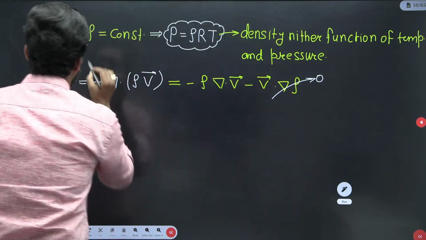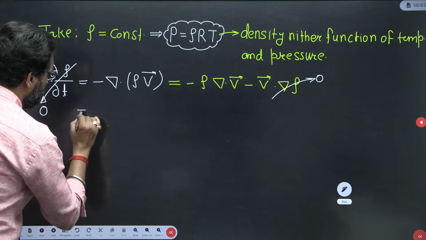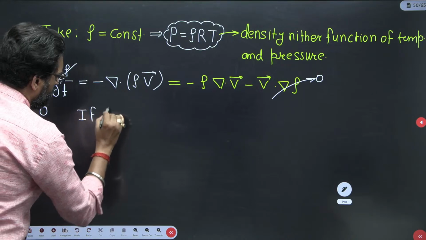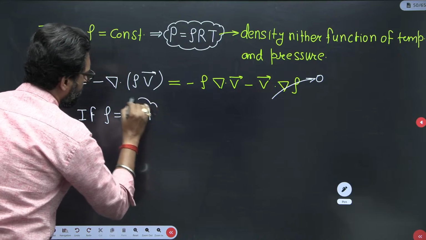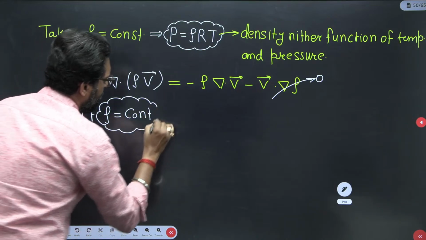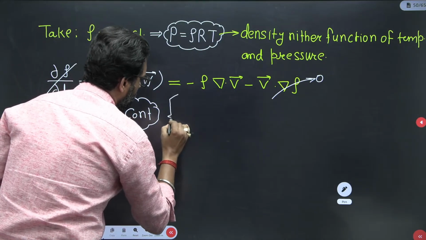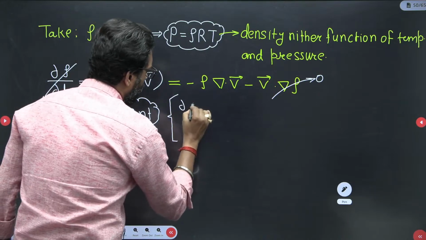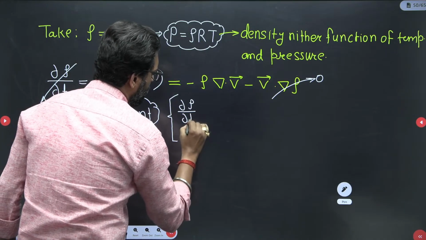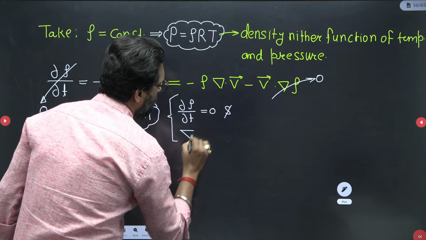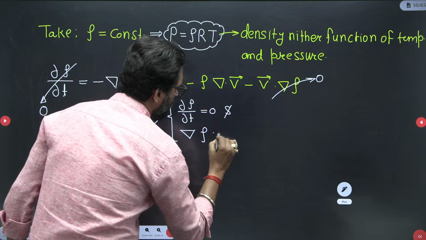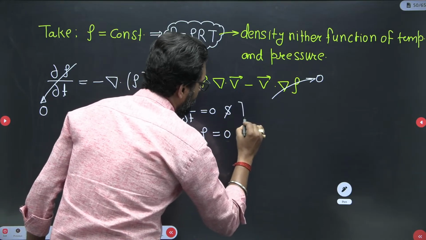That means if the density is constant, that means incompressible, very important. Density is constant, that means dou rho by dou t is equal to 0 and del rho is equal to 0. Then what is happening?